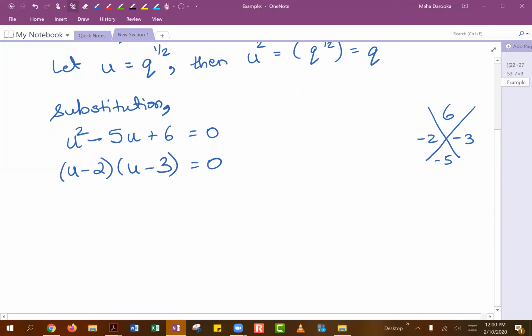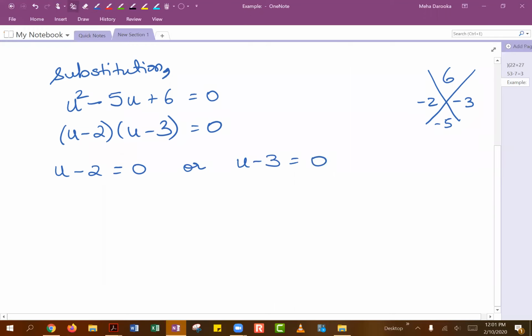You can have u minus 3 first and then the u minus 2. So take each factor, set it equal to 0. And our u values are going to be, very good, +3 and +2.